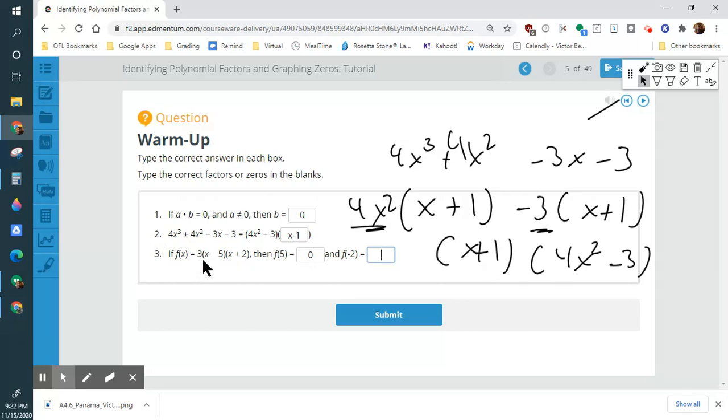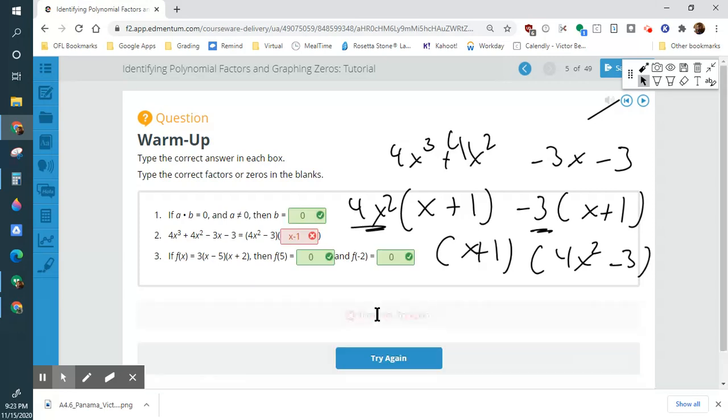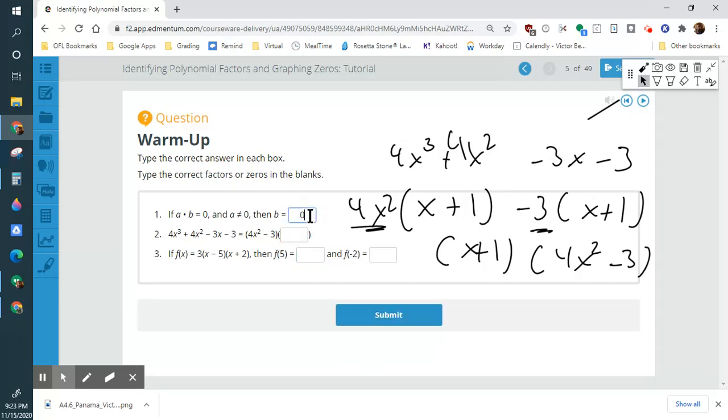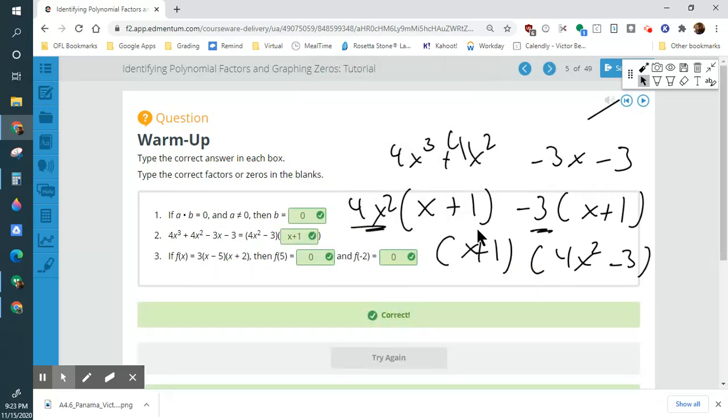And same thing with negative 2. Negative 2 plus 2 is 0, so we get 0. And x plus 1. Oh my gosh, I have to redo all of these because I did an x minus 1. I was solving it in my head, going like, oh, the answer is x equals negative 1. So this is x plus 1, 0.